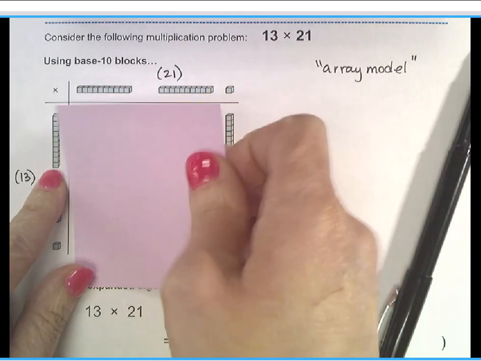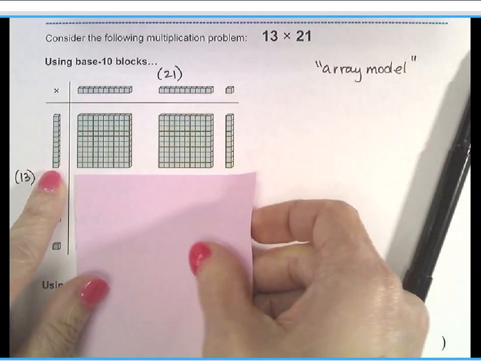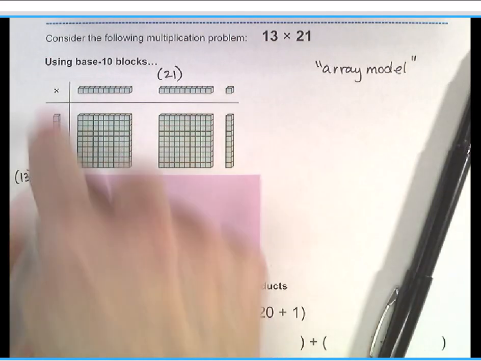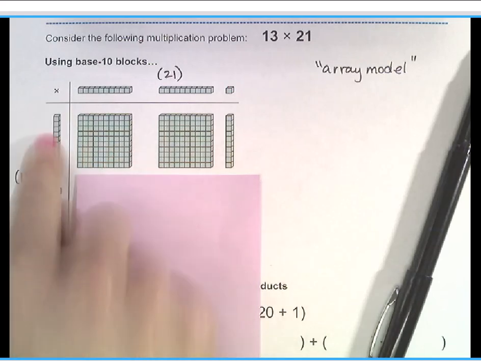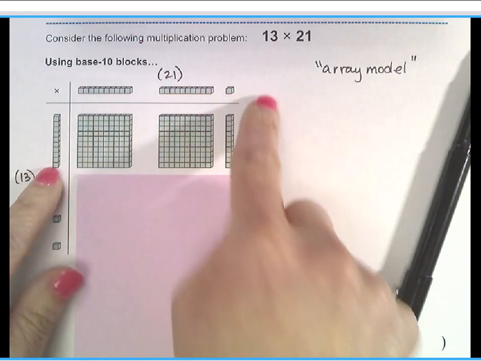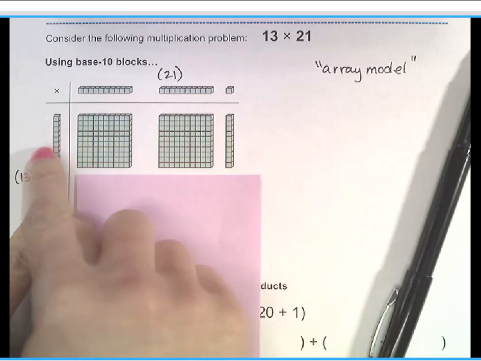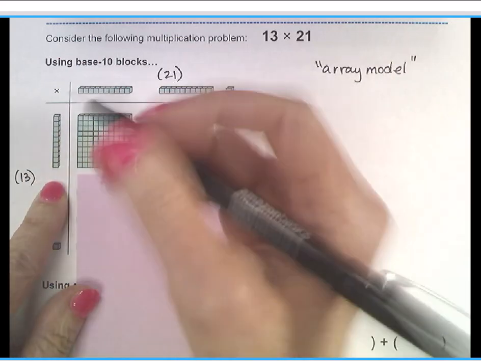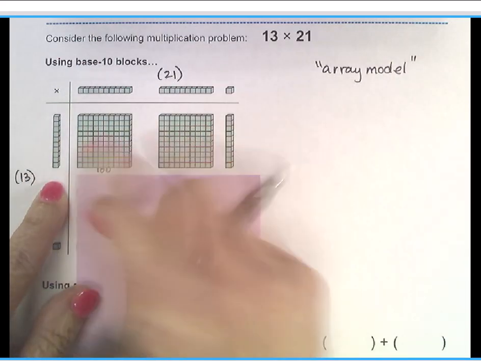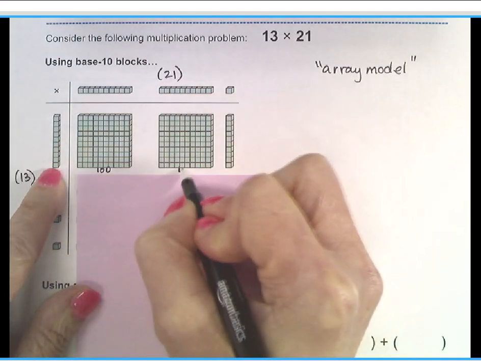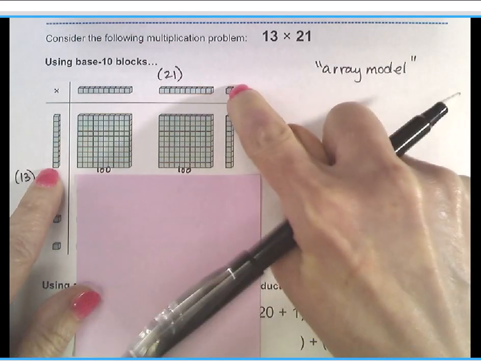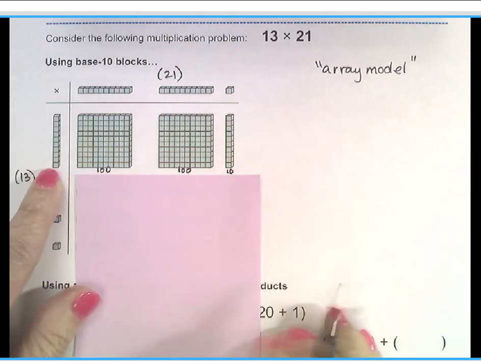I have it kind of covered up, but to show you this first part, what we're basically doing is we're going to distribute these shapes on the left through all these shapes on the right. So it's like distributing. 10 times 10 is 100. 10 times 10 is 100. And 10 times 1 is 10. So that's how much we have so far.